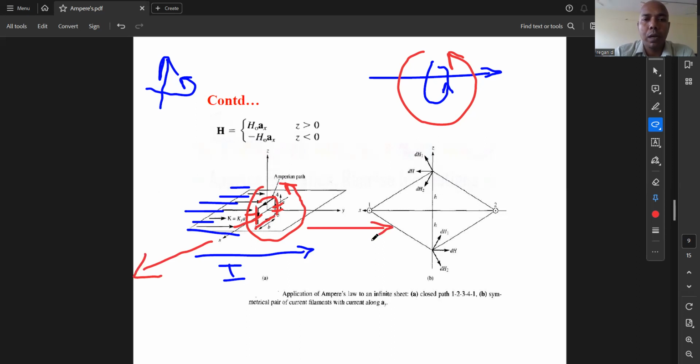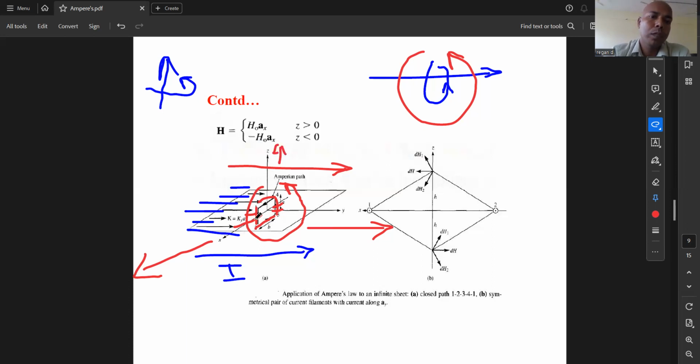As per Biot-Savart law and Ampere's law, if a current flows in this direction, there is no magnetic field in this direction. So there is no H y component. That means there is no magnetic field in the y direction. So possibly the magnetic field will be in two directions only: one is the x direction, second is the z direction.